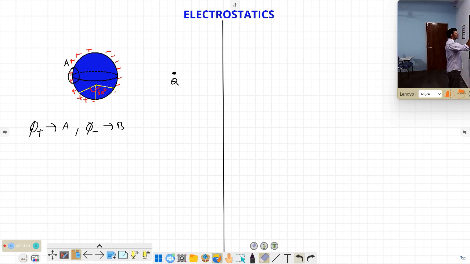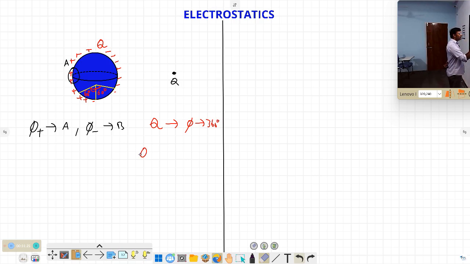If this also is 60 degrees, suppose, then the total angle becomes 120 degrees. So for the flux enclosed in the 120 degrees, we need to calculate from the total charge of the body, that is q. When the charge is totally q, the flux enclosed in that is phi, across 360 degrees of this. Now what is the value per unit degree?